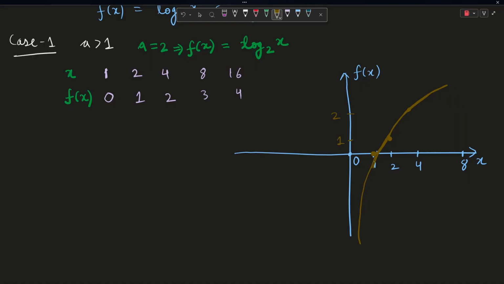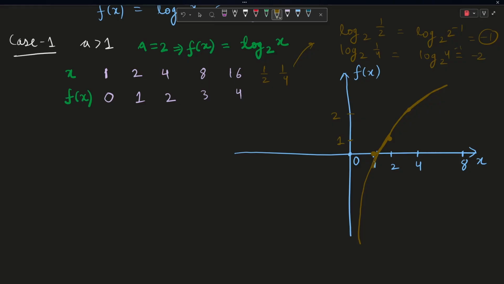Now some of you might be wondering why the graph is shifted to the negative y-axis, as we can take further more points like 1 by 2, 1 by 4. If we solve these points, then log of 1 by 2 to the base 2 will be log of 2 to the power minus 1, or minus 1, right? And if I take log 1 by 4 to the base 2, it will be log 4 to the power minus 1 to the base 2, or I can say minus 2.